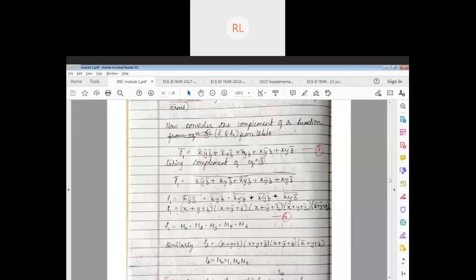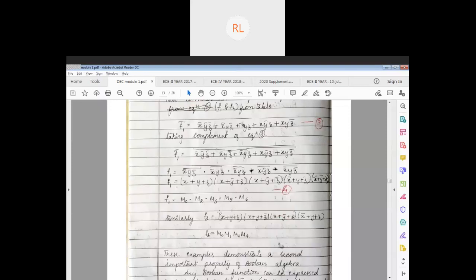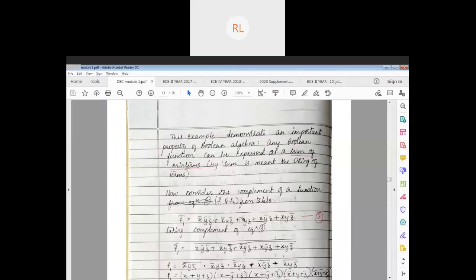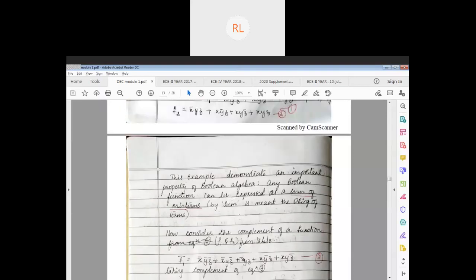But if I have to represent the same thing in my min terms, then it should be x, y, z, and it is going to be 1 1 1, right? So it is just the opposite. Your min terms and max terms are just the opposite. In min terms it is lowercase, and here it is uppercase, and there it's multiplication, and here it's addition. Just the opposite.